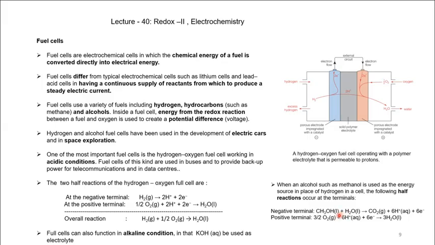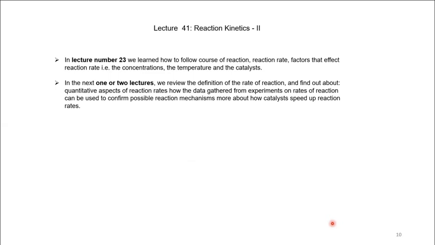Okay, we go to the next slide. So far we have discussed lectures number 23, 39, and 40. And these 3 lectures deal with redox reactions as well as electrochemistry.